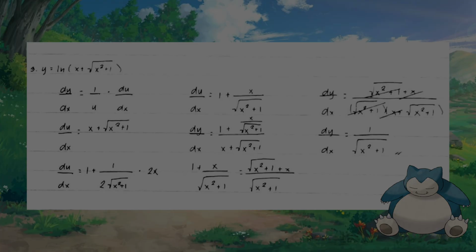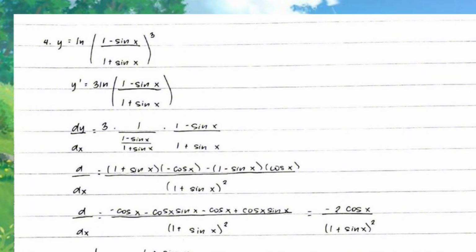Okay, so for number 4, we have the equation y is equal to the natural logarithm of quantity 1 minus sine x over 1 plus sine x raised to 3. So, ayun, pwede ulit natin ibaba yung exponent niya sa harap, diba?